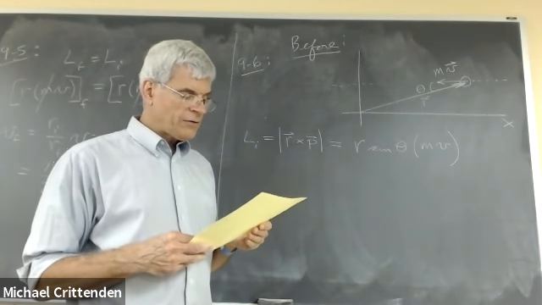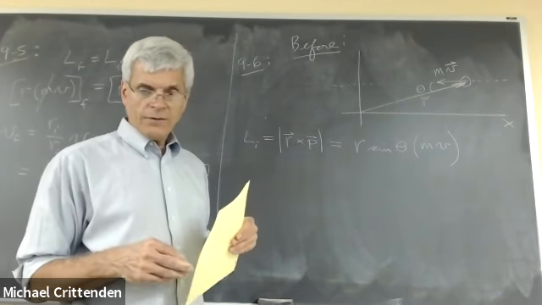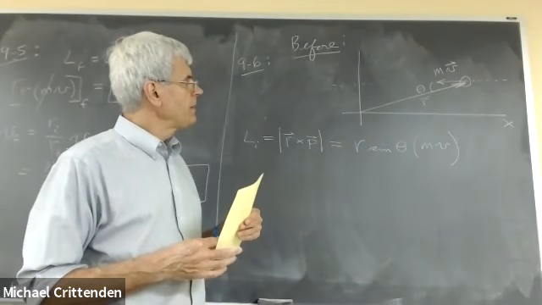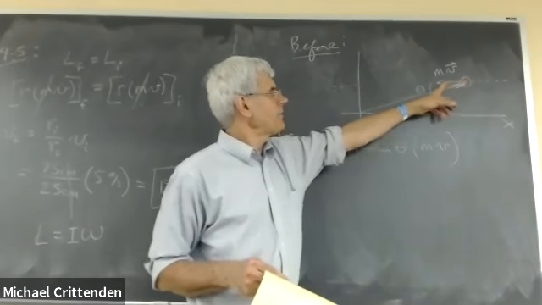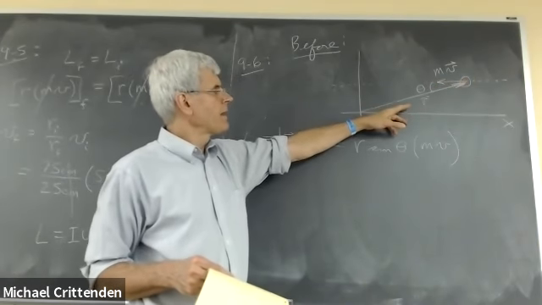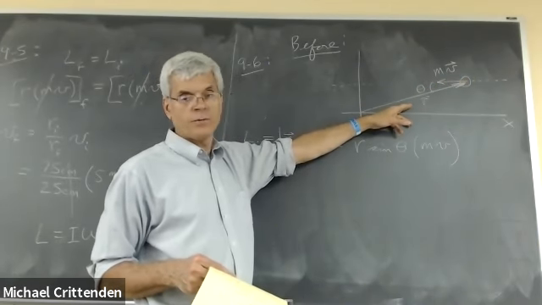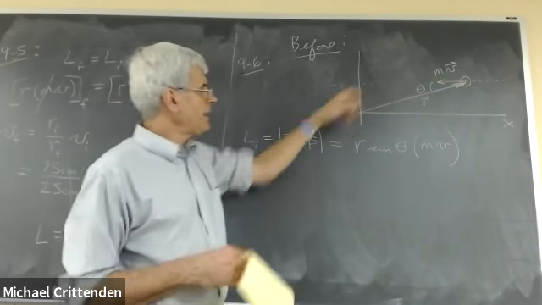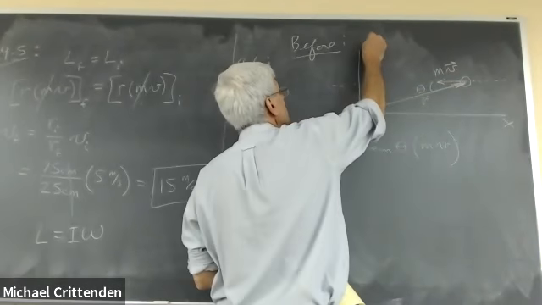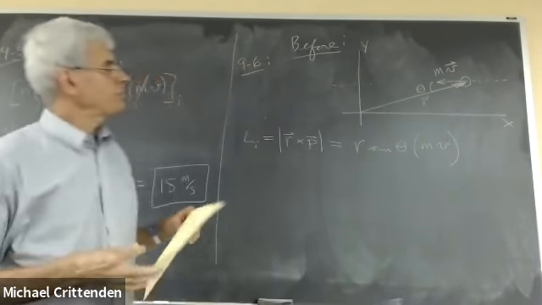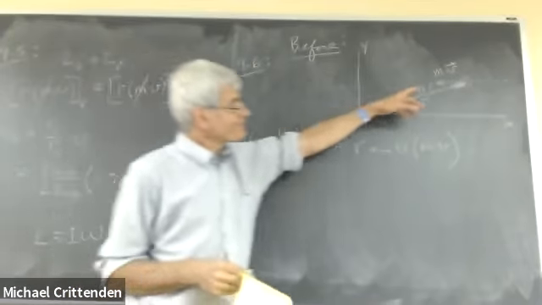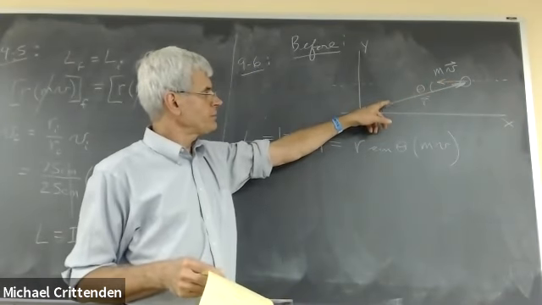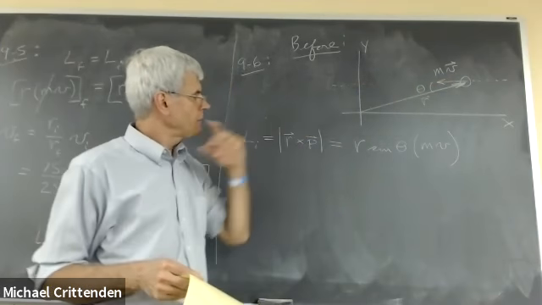Well, at first glance, this might look like it's not very nice, because as this object moves along, r keeps changing from one moment to the next, as it approaches the y-axis, which I never labeled. My 9th grade math teacher would probably yell at me. As it moves along, r gets shorter and shorter, theta gets larger and larger.